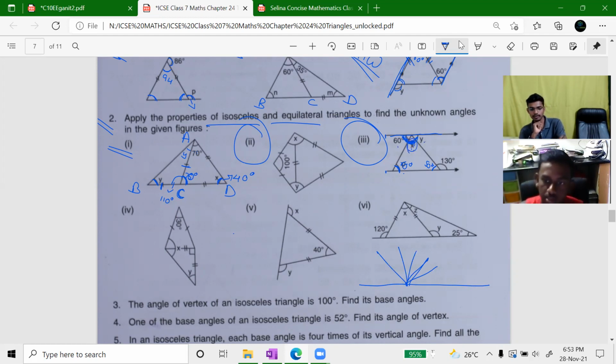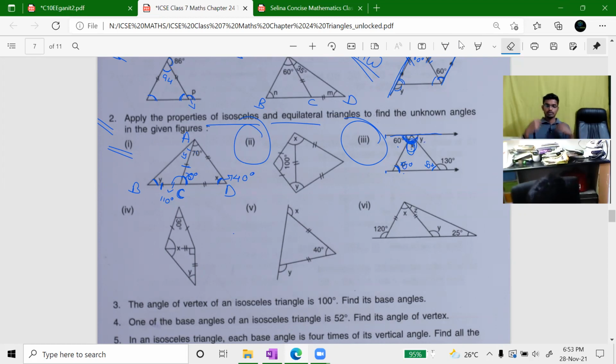First tell me the value of X. Come on, tell me quick. Sir, 20 degree? Hey, come on.